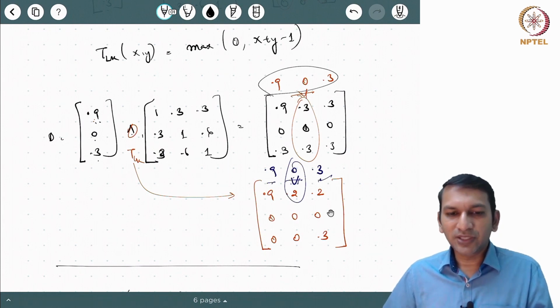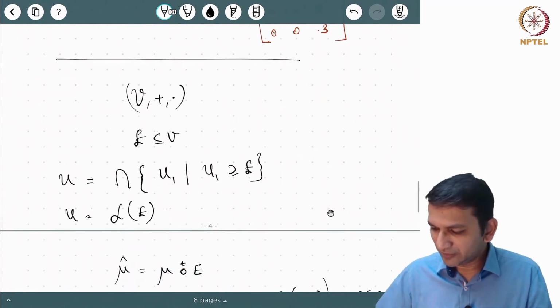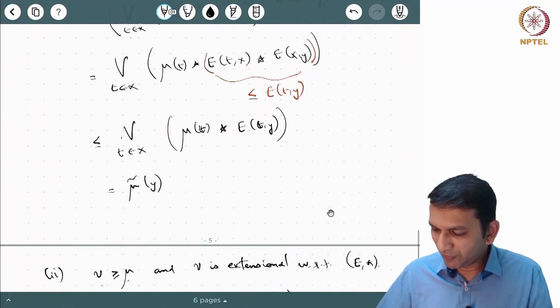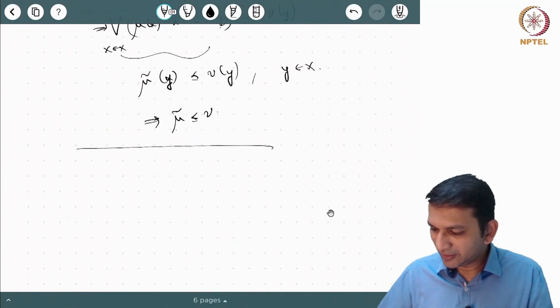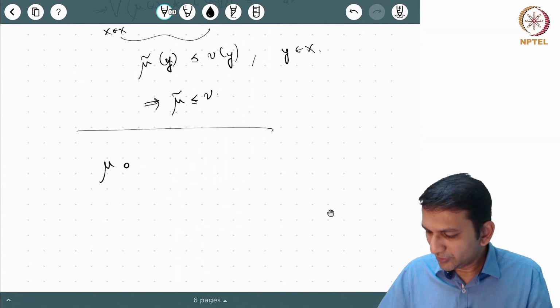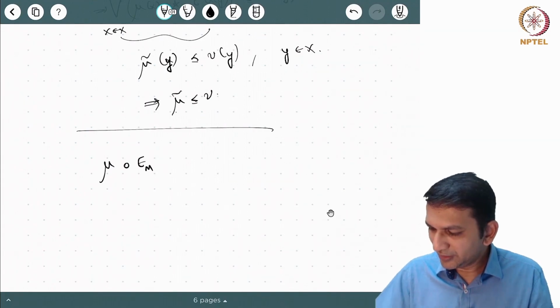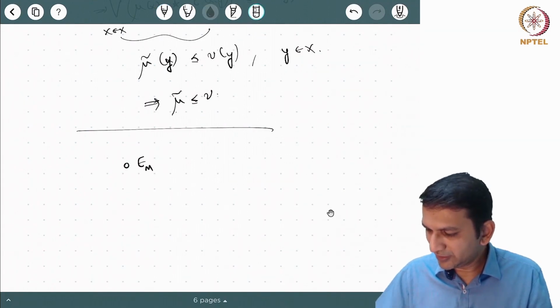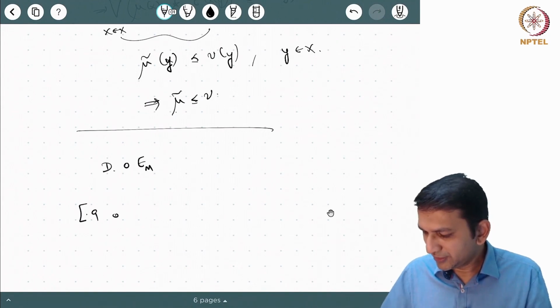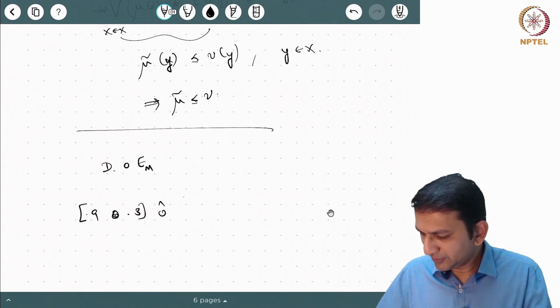Now let's find the extensional hull of this with respect to the same relation. So all we need to do is take mu circle EM, and here this mu is what we consider as D. So 0.9, 0, 0.3 circle min EM.